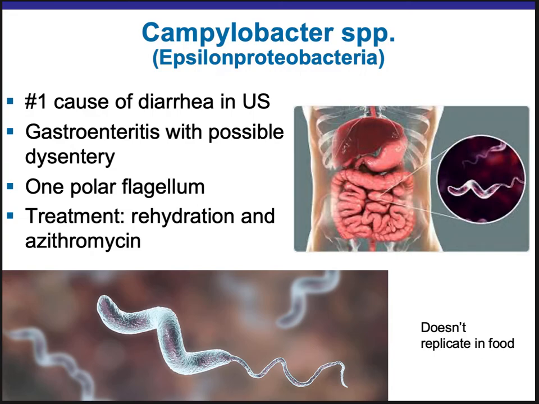It is gastroenteritis, and for some people, the infection is severe enough or causes such a severe response from the immune system that you can have really bad cramping. You can even have dysentery, right? Bloody diarrhea.